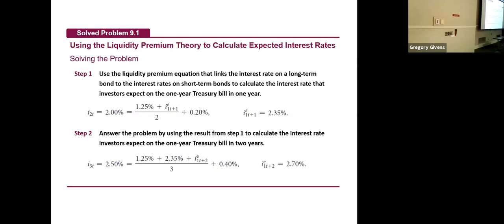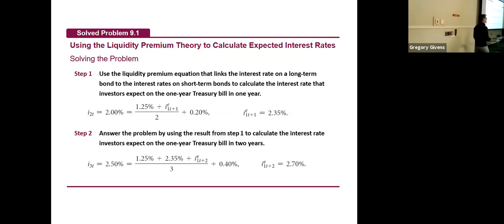And that gives 2.7%, perfect. So that upward sloping yield curve, according to the liquidity premium theory, suggests that short-term interest rates are going to rise from 1.25 to 2.35 to 2.7% over the next 3 years.